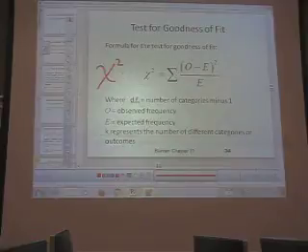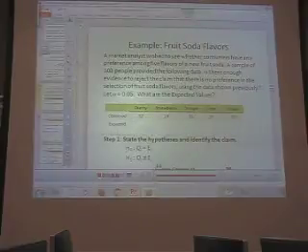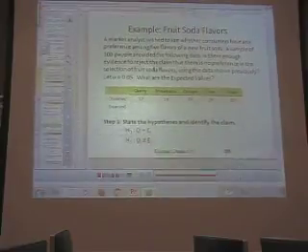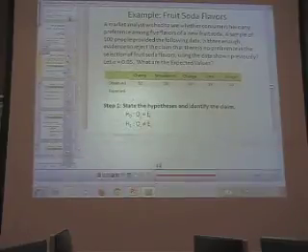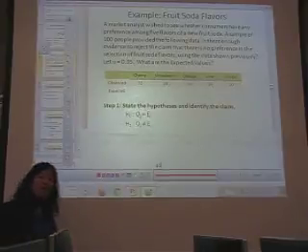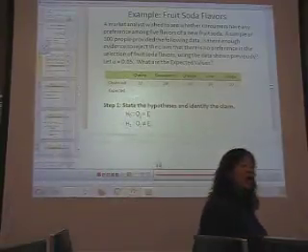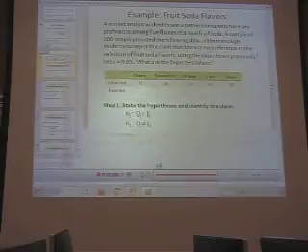So we're just going to walk through one of these examples. This is the very first one. It's midway, at the bottom of your page. Some guy says, well, I think that people prefer all 5 flavors of this new fruit soda the same. He asks 100 people. If you ask 100 people and there is no preference, then how much should be in each category? 20.